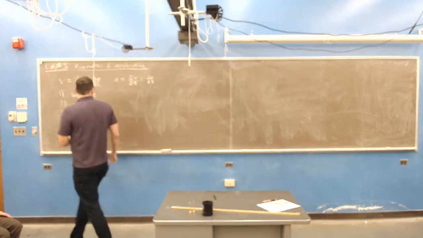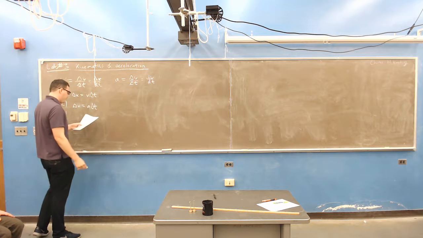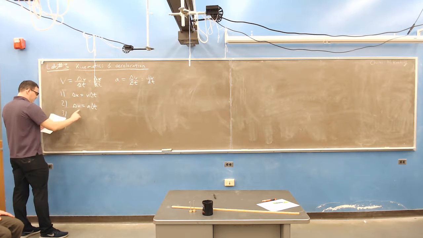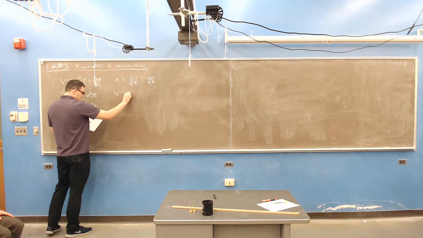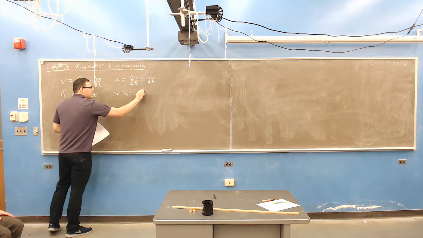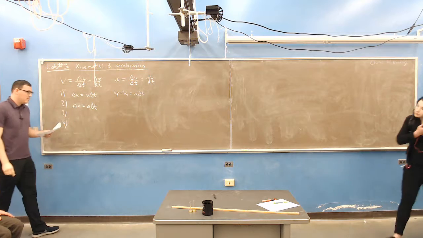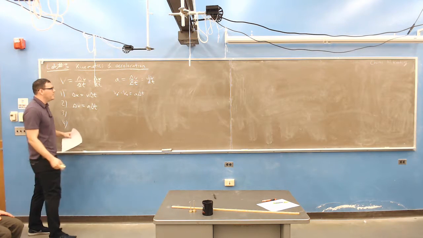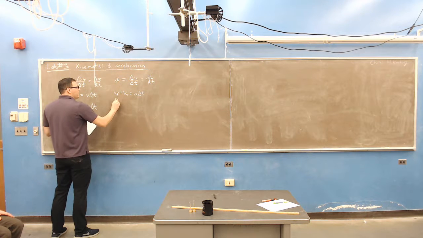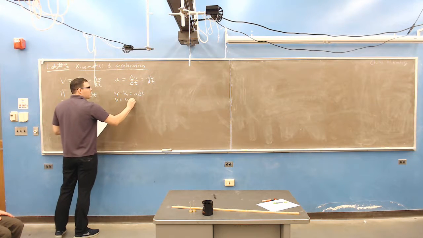All right, the third one is a little bit harder to get. I'm going to look at this equation here, and I'm going to write the final velocity minus the initial velocity is equal to a delta t. So I just wrote out the definition of delta v. And I'm going to move this guy to the other side.